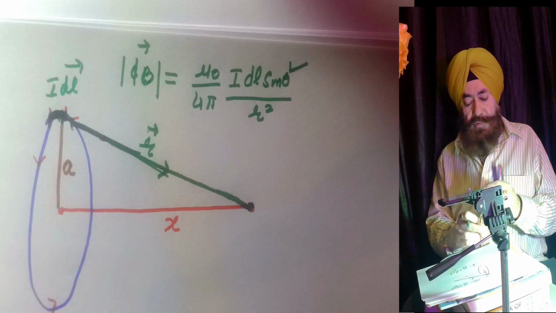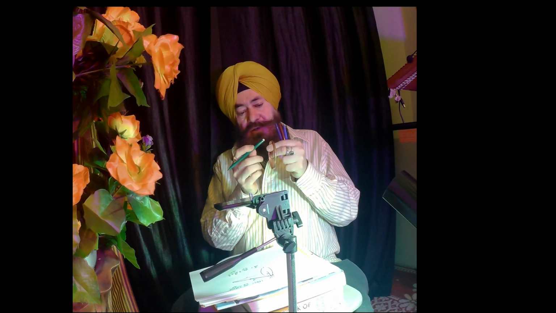So let me try to explain: this is an axis and this is a ring. This is our r vector. This is the current element.